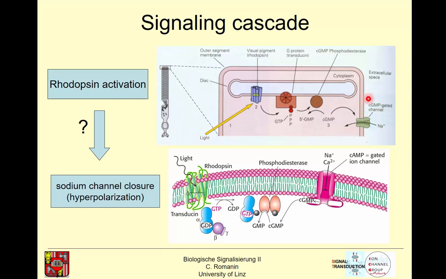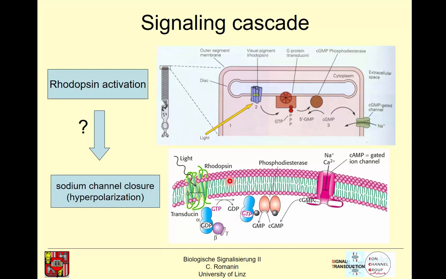The channel is in the outer plasma membrane, and there is a compound which we already have heard about. It's a second messenger, cyclic GMP, and as long as cyclic GMP is sitting on the sodium channel, the sodium channel is open and you have a steady-state sodium influx.